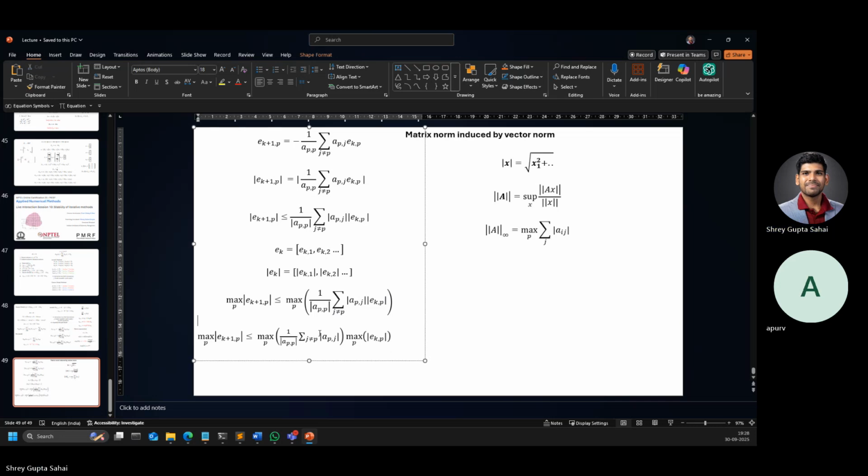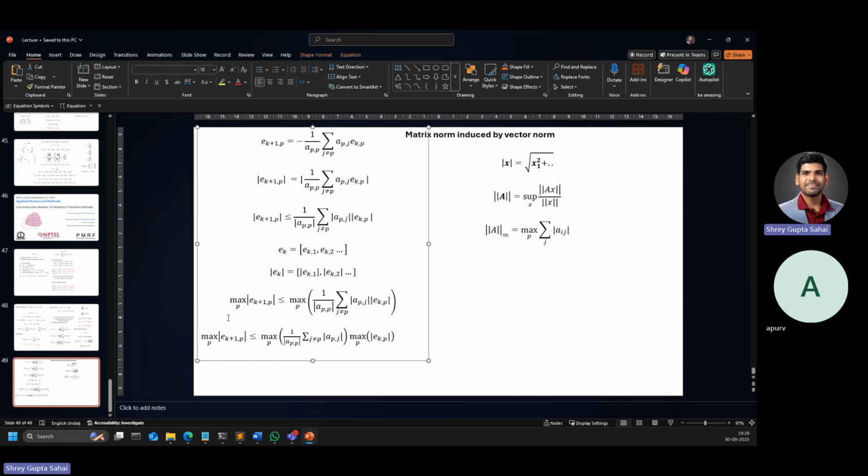Okay, so what's going on here? Basically, this thing will hold. Now, the RHS will be lower than this entire thing also, because what we are saying is that there's a summation of positive terms. Then what do we know?